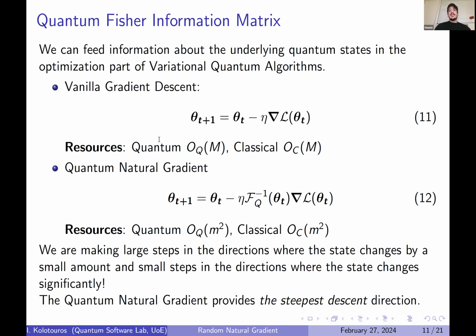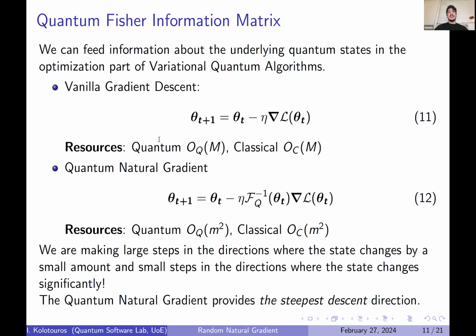But if your quantum state changes by a lot in that direction, you're making your parameters change only by a small amount. So you're putting information of the quantum states in your update rule, and that's what makes it an information theoretic method.